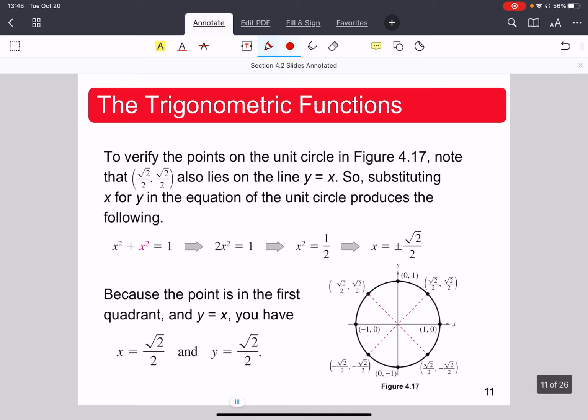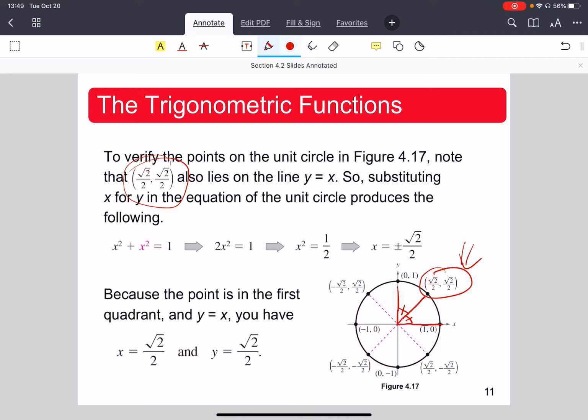All right, so one of the things we can do is verify points on the unit circle. Note that for this point that they specifically picked, square root of 2 over 2 comma square root of 2 over 2, I think that happens to be this one. This lies on y equals x because it divides that portion into two equal pieces. Like this is one piece, this is one piece.